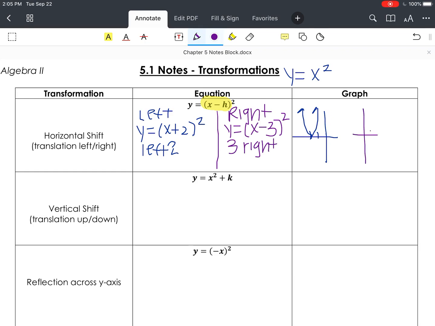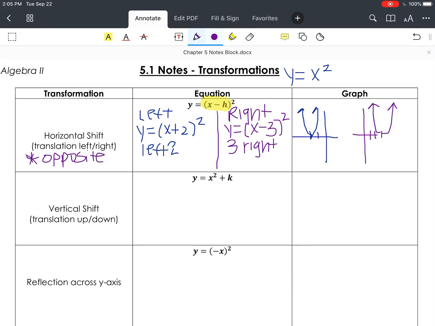So your graph this time would be 3 to the right of where it normally would start at the origin. So for all horizontal shifts, it's the opposite of what you see in parentheses. So a positive 2 means left 2, a negative 3 means right 3. So this is always doing the opposite. So when it's in parentheses, you do the opposite.